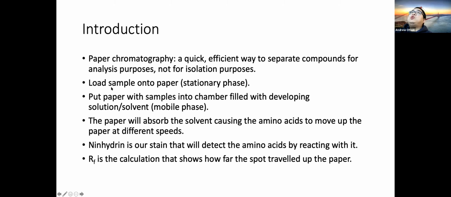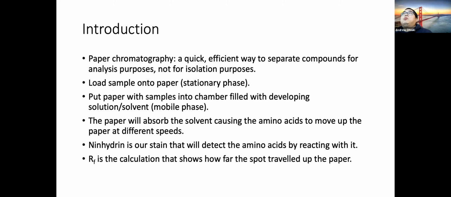The first thing we do is load our sample onto the paper, which is our stationary phase. We put the paper with our samples into a chamber or a large beaker that's covered with developing solution, or solvent. That's called our mobile phase, and that's what's going to be moving our compounds through the paper.